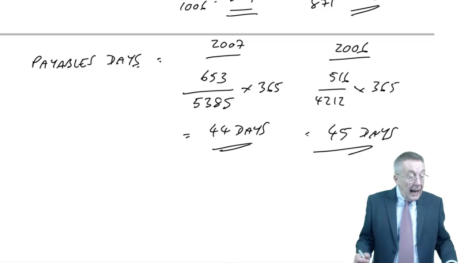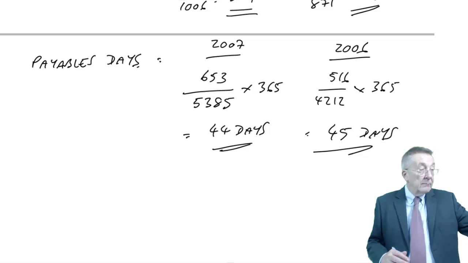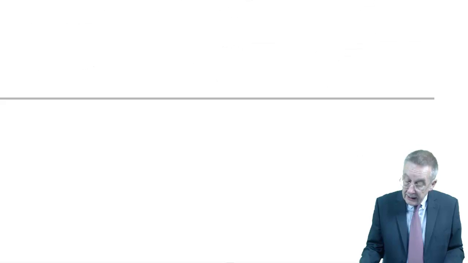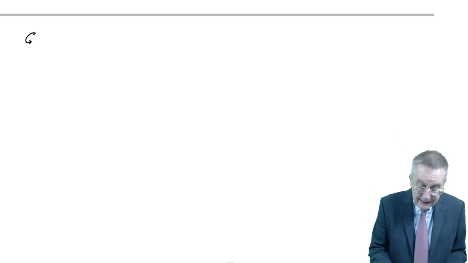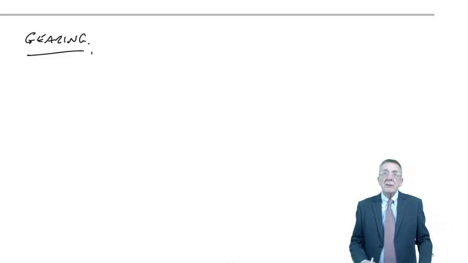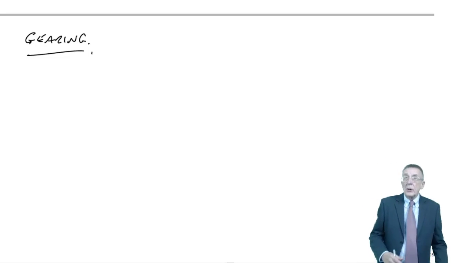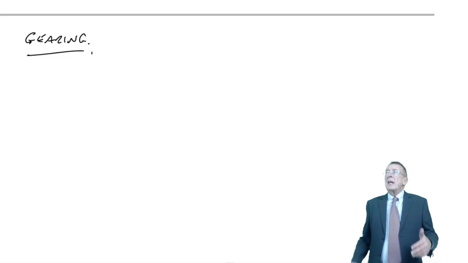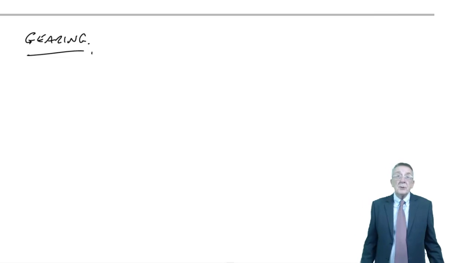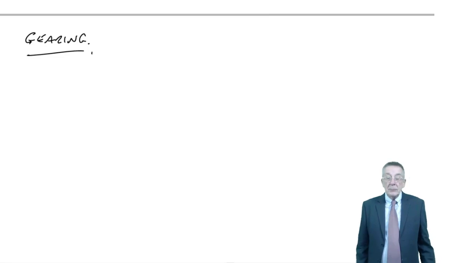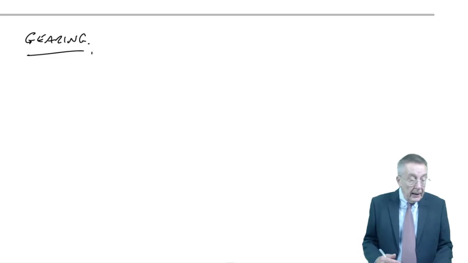All right. Lastly, if I can find my sheet again, was gearing. Now, in fact, gearing is very unlikely to be relevant in F5, even though you should have heard of it. It's much more relevant when we come to F9, but we'll worry about F9 later.